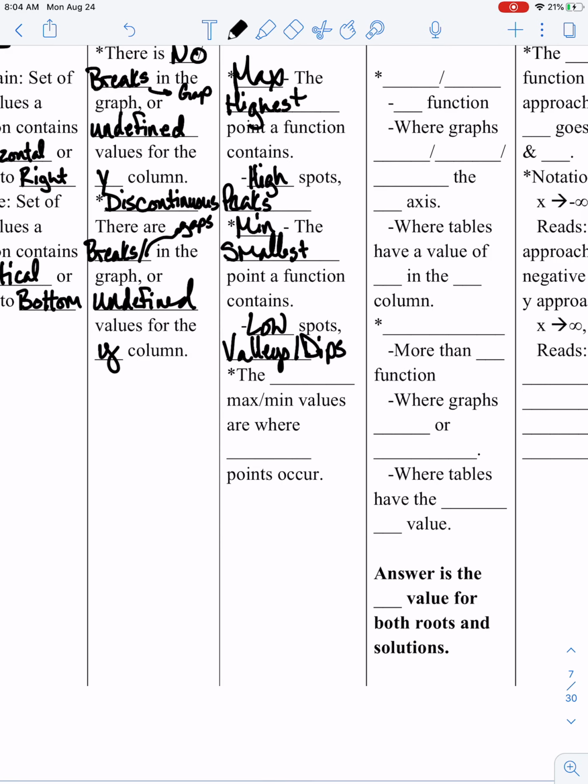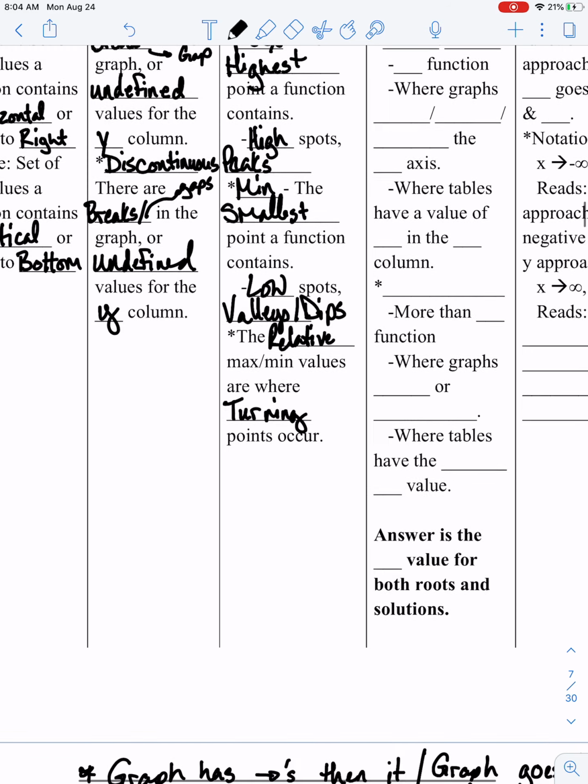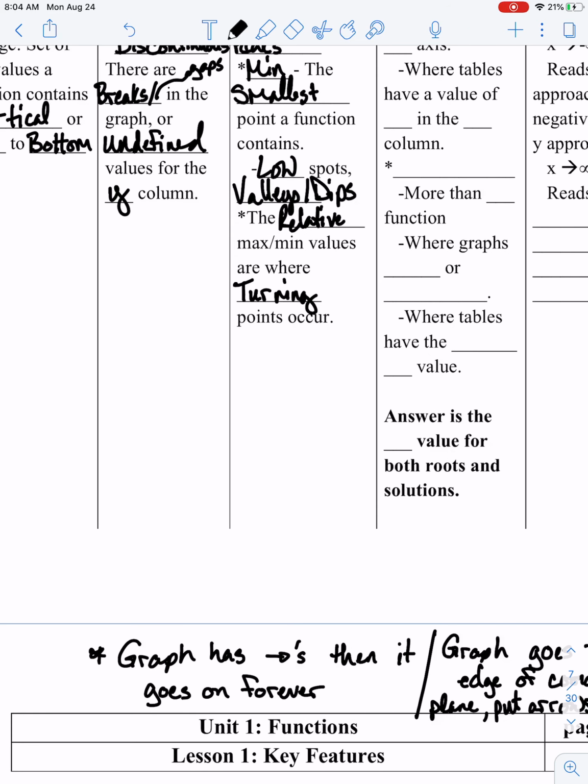And then we have these things called the relative max or min values. And these are where turning points occur. Now, a turning point is very simple. So if I have a graph, a turning point will be here because, again, read the graph left to right. It's going up, it's going up, it's going up.